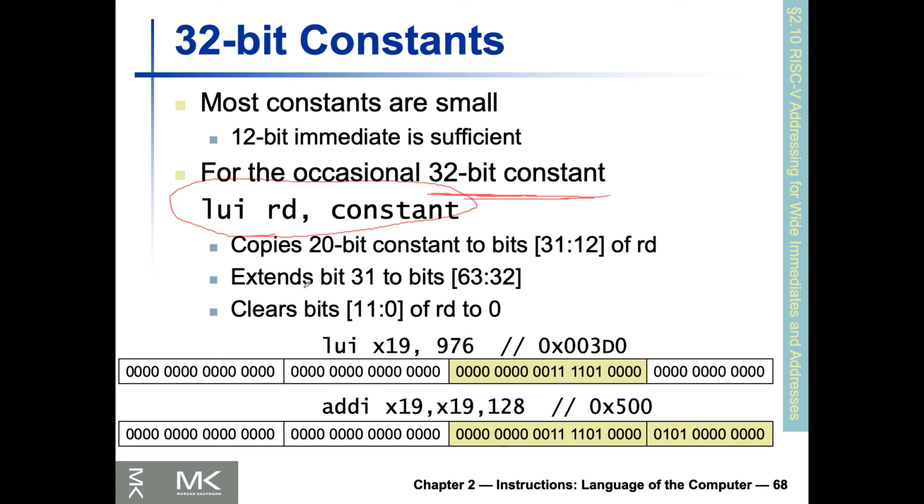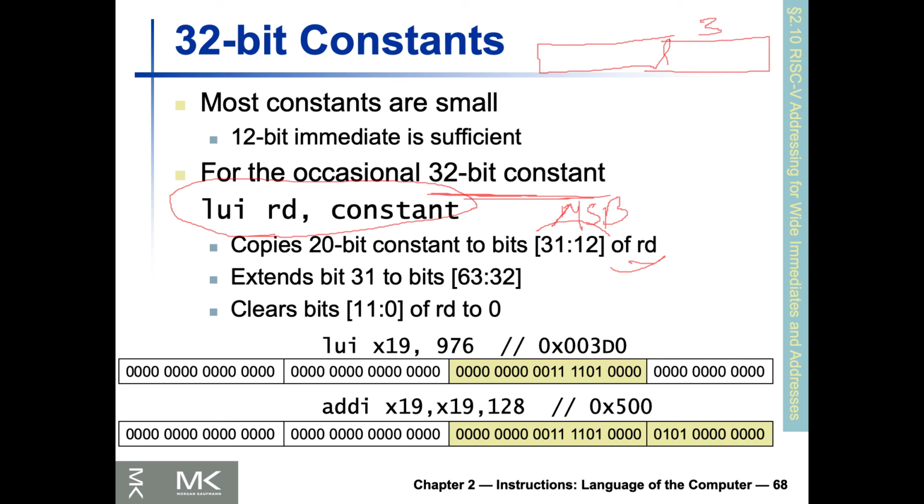What it does is it copies the 20-bit constant to bits 12 to 31, the MSBs of that register of interest. Then it's going to extend bit 31 to bits 32 up to 63, so it extends from one word to double word.